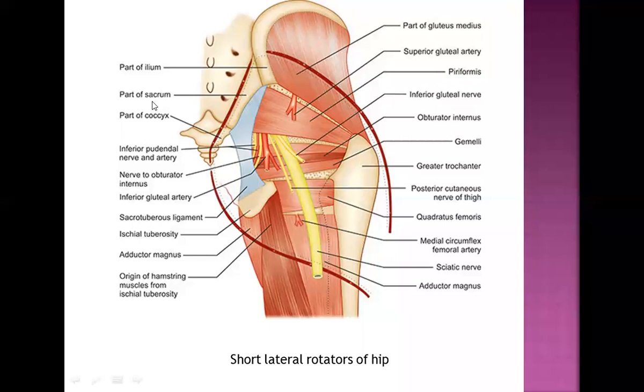Anyone with other answers? Yes, piriformis is one of the short lateral rotators. Good. The piriformis, the gemelli, and quadratus femoris together, this group of muscles is known as the short lateral rotators of the hip. Piriformis up to quadratus femoris. Please remember that sometimes a short note can be asked as short lateral rotators of the hip. At that time, you need to know the names of these muscles and the details about each of them.